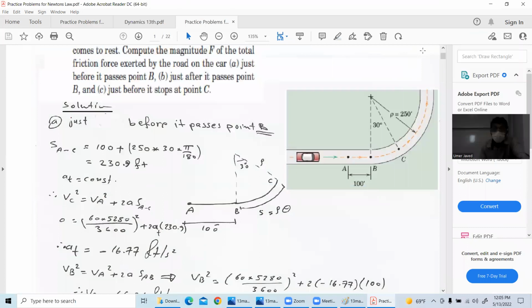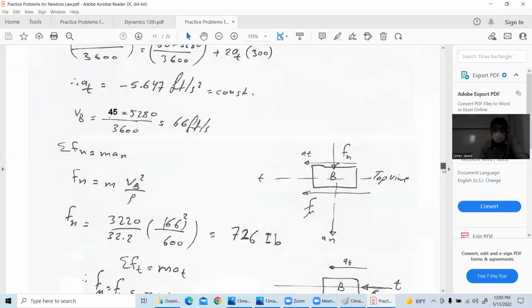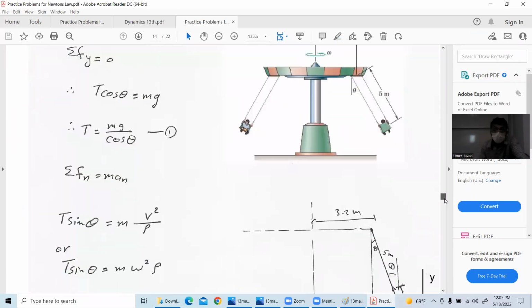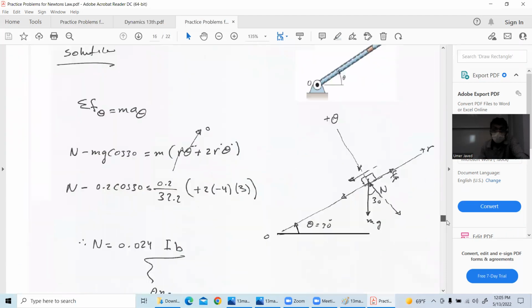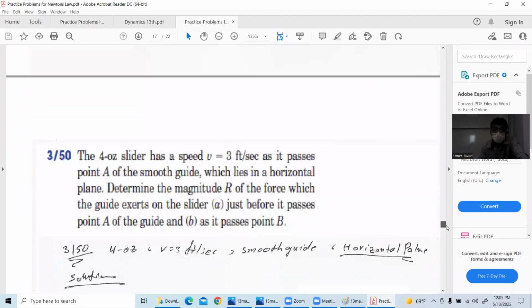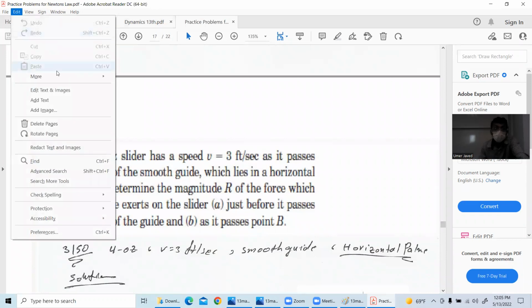Why don't you do this problem now? Okay, let's do this problem together.